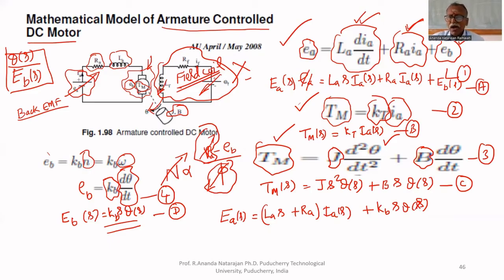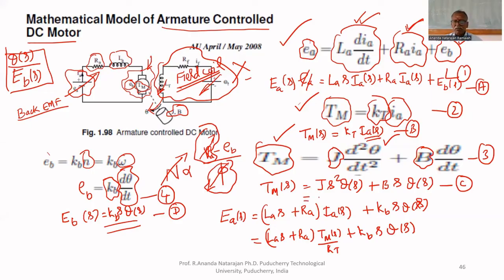Now, IA of S can be replaced by Tm by KT. So LA S plus RA times IA of S equals what? From equation B, we can write Tm of S upon KT, plus KB S theta of S. Now, Tm of S equals what?